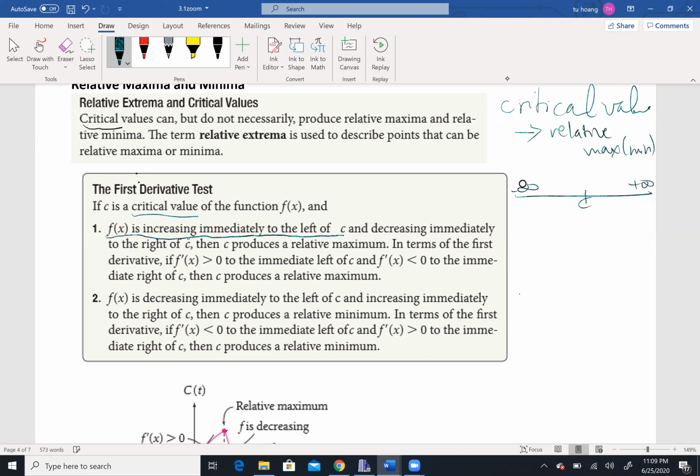So if f(x) is increasing to the left of C and decreasing immediately to the right of C, then C produces a relative maxima.